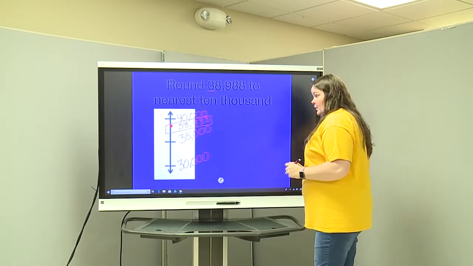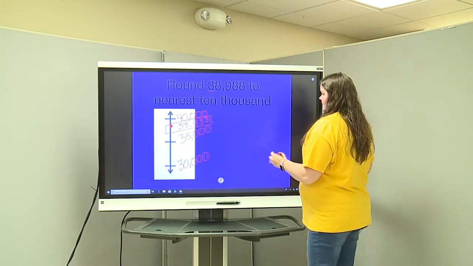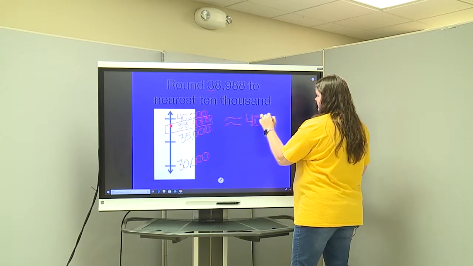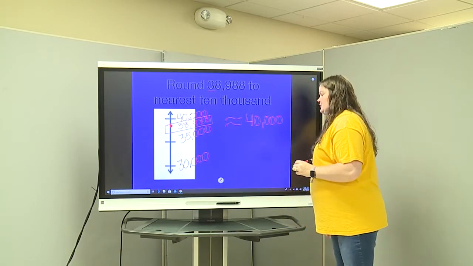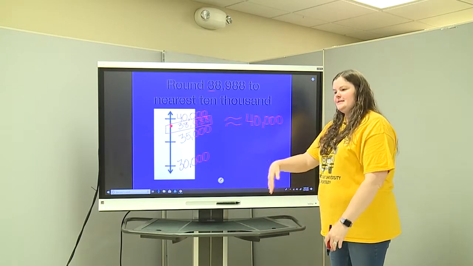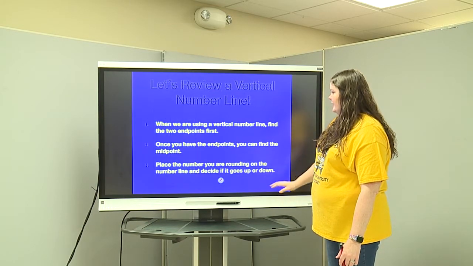Now it's above the midpoint, so that means it's going to round up. So it's going to be about 40,000. And again, just trying to extend this particular lesson to prepare for the next lesson, but we will move into that in our next lesson.